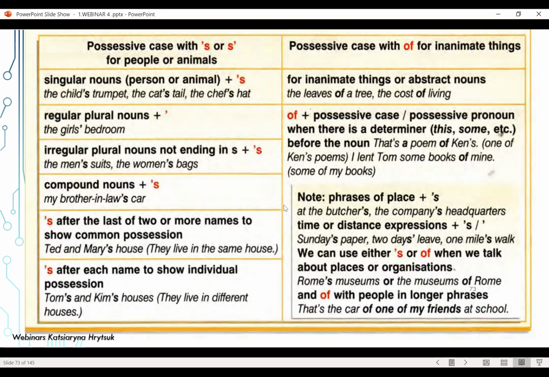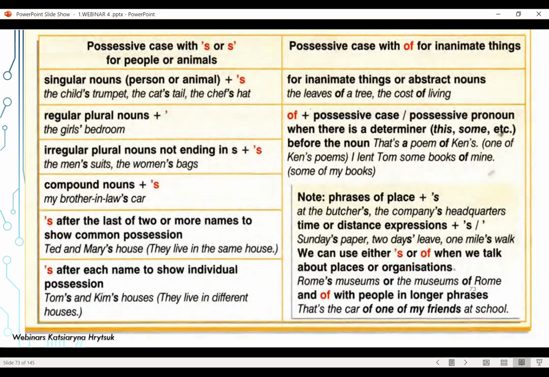Now, some phrases of places. Pay attention, please, to how we place apostrophe S if you want to talk about someone's place. I am going to the butcher's. It means the butchery shop.